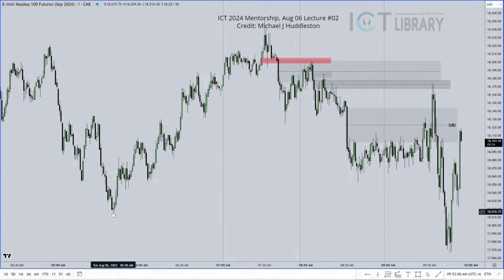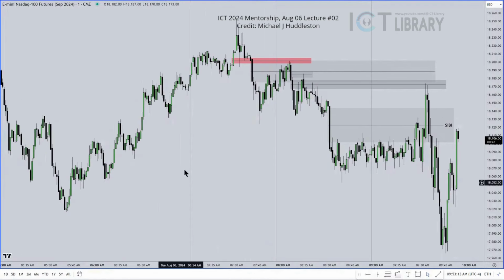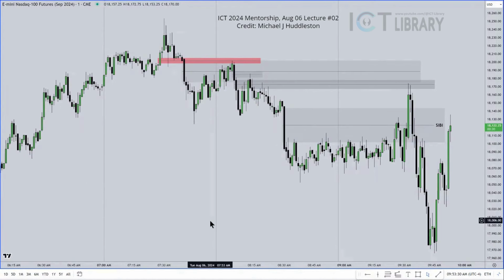You see that? So I'm only interested in seeing anything before 7 o'clock if the range of the morning session trades to the London session low or the London session high. Okay, that's it. So all your charts are going to have about 6 o'clock or so, just to get a little taste of what London was doing.